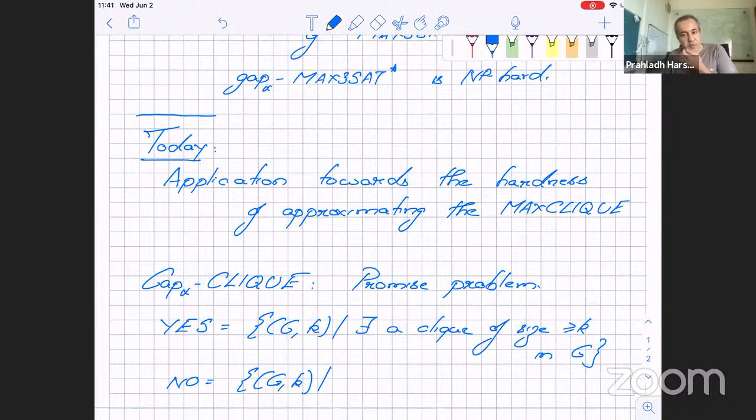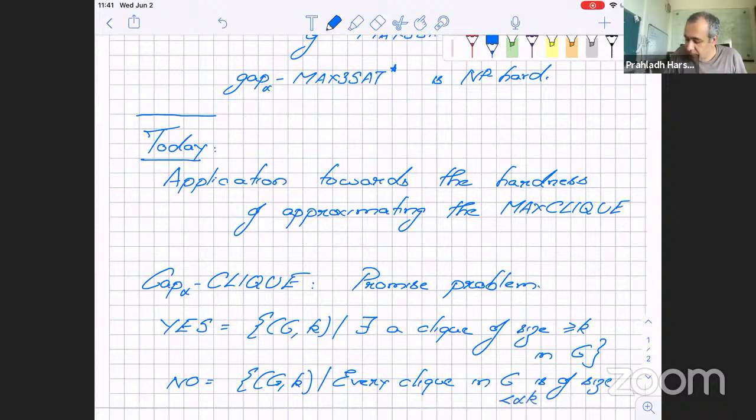Instead of saying smaller than K, we'll say smaller by a constant factor. Every clique in G is of size smaller than alpha K, where alpha is some number in (0, 1).